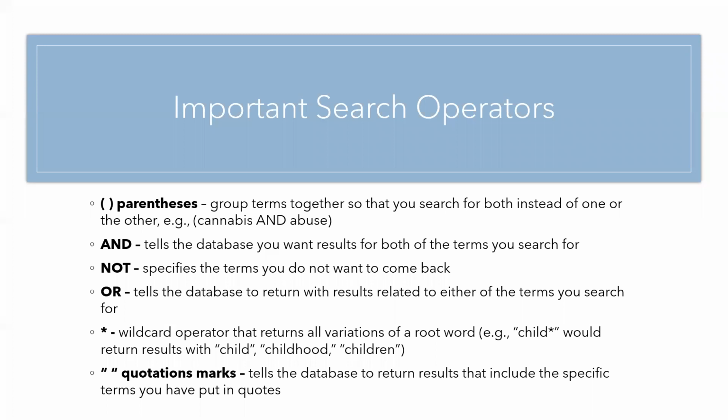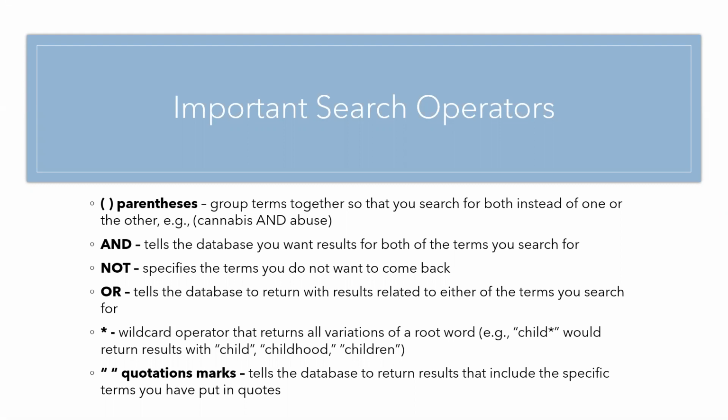So you can refer back to this slide as a source of information when conducting your literature searches in the future, and especially for your research project in this class. So parentheses group terms together so that you can search for both instead of just one or the other. So for example, cannabis and abuse, not just cannabis or abuse, which is what happens if you don't put them in parentheses.